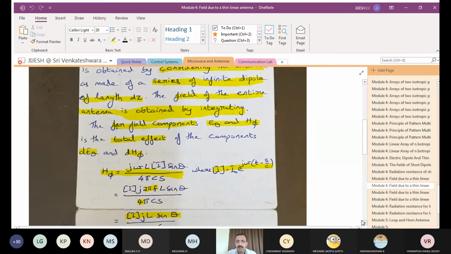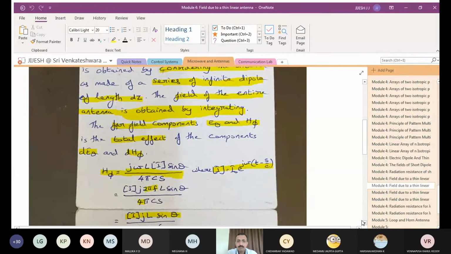For the far field we have only these two components, which can be simplified further. The rest of the components, like E phi, H theta and HR, are considered to be zero. So only E theta and H phi are available in the far field.